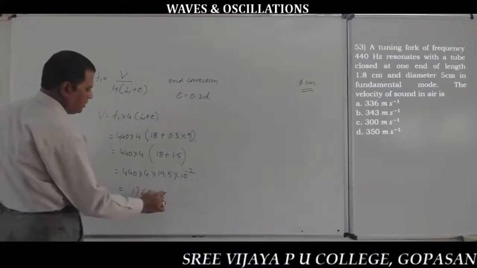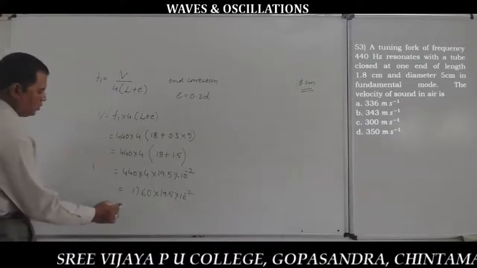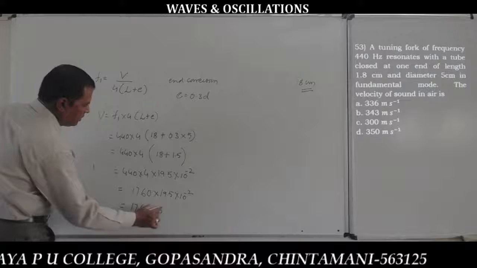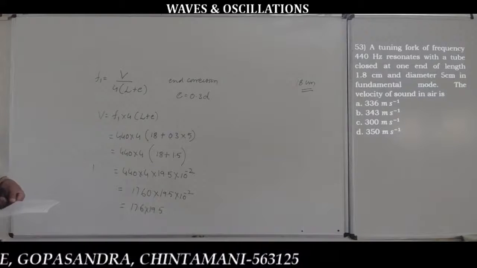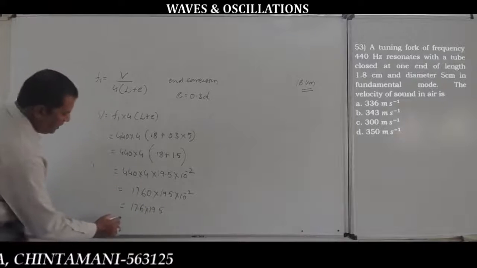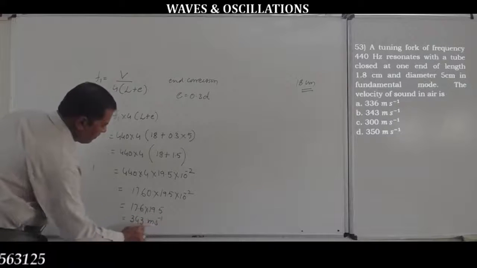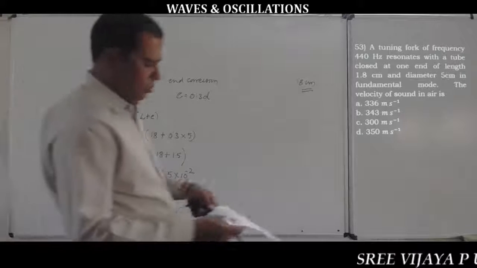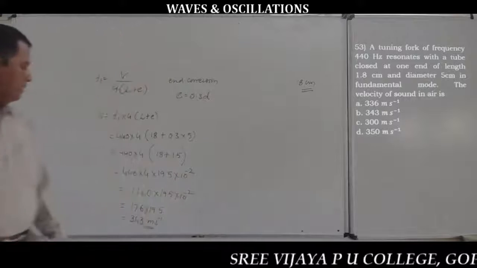Into 19.5 into 10 power minus 2, or this can be taken as 17.6 into 19.5. Upon multiplying those two terms, the solution comes out to be 343 meter per second. So therefore, we get option B. It is 343 meter per second.